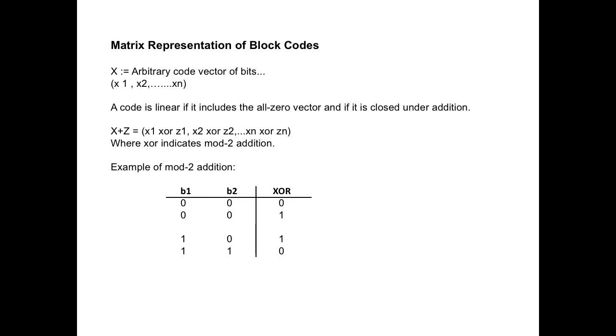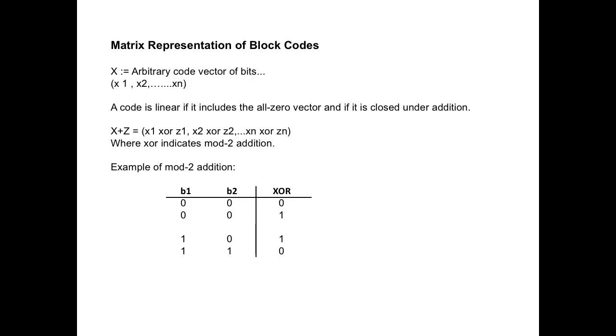So the matrix representation of block codes is one that may be a little bit different from what you're used to. We start with a vector, and the vector is going to be some sort of code word. And we say that the code is linear if it includes the all zero vector and if it's closed under addition. So what that means is that adding a code word modulo 2 with a code word is going to give you another code word.